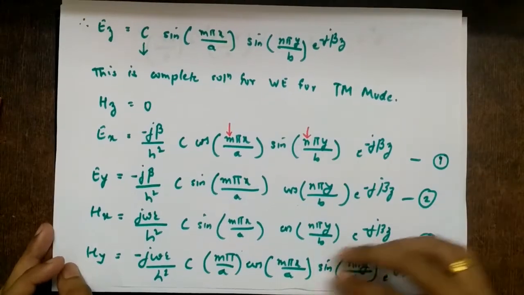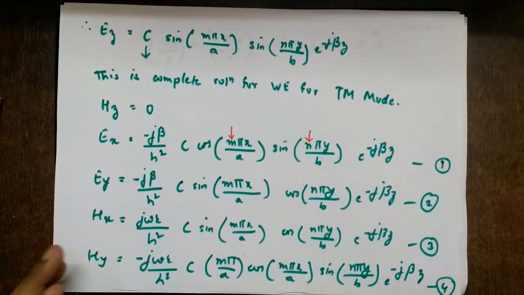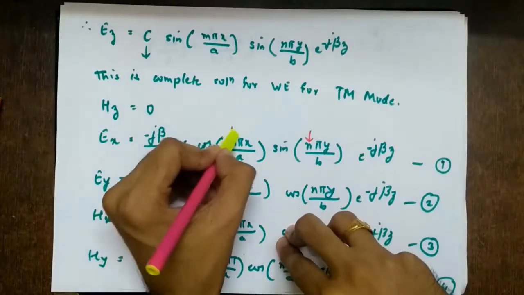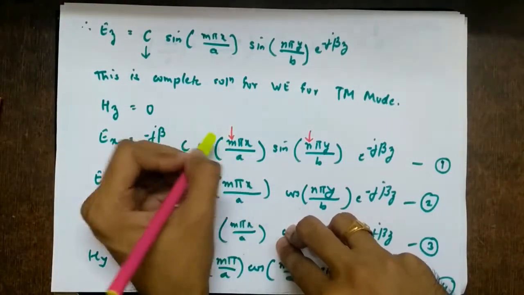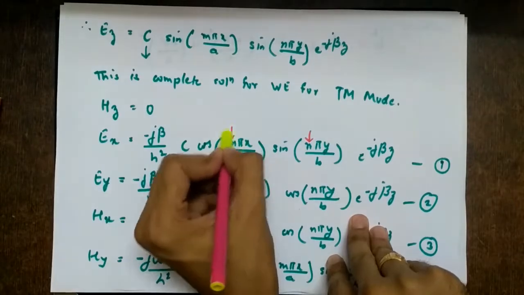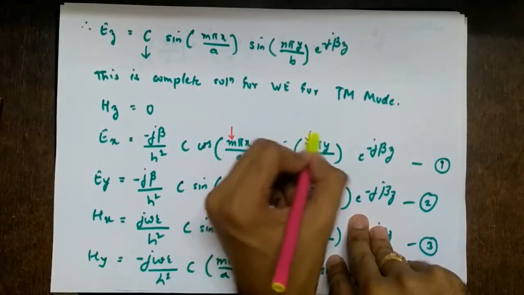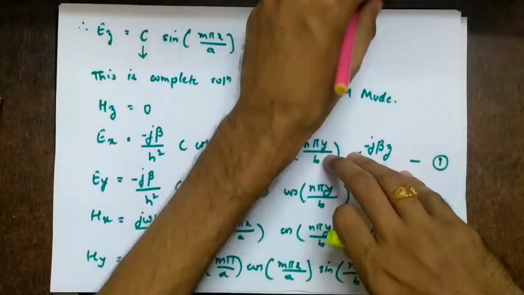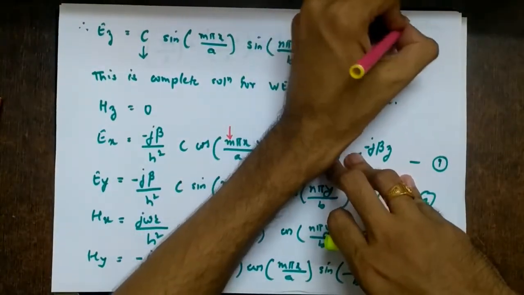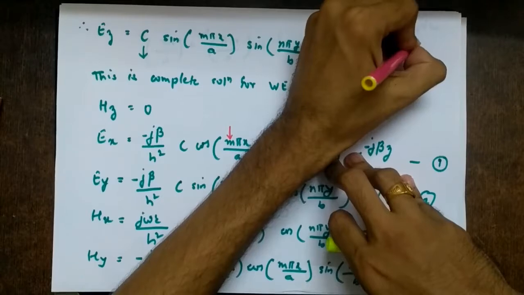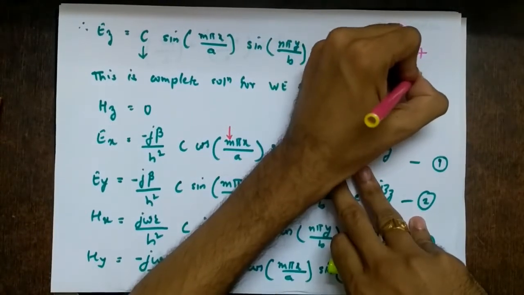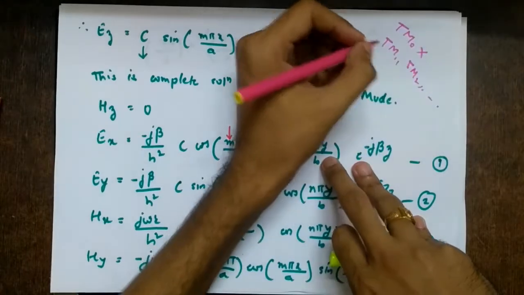So let's see what the meaning of this is. If you remember, in parallel plane waveguide we had only one constant, that is m. But what is happening here? Apart from m, we also have n. So we have m and n. If you see the TM modes of a parallel plane waveguide, TM0 did not exist, but TM1, TM2, etc. existed.